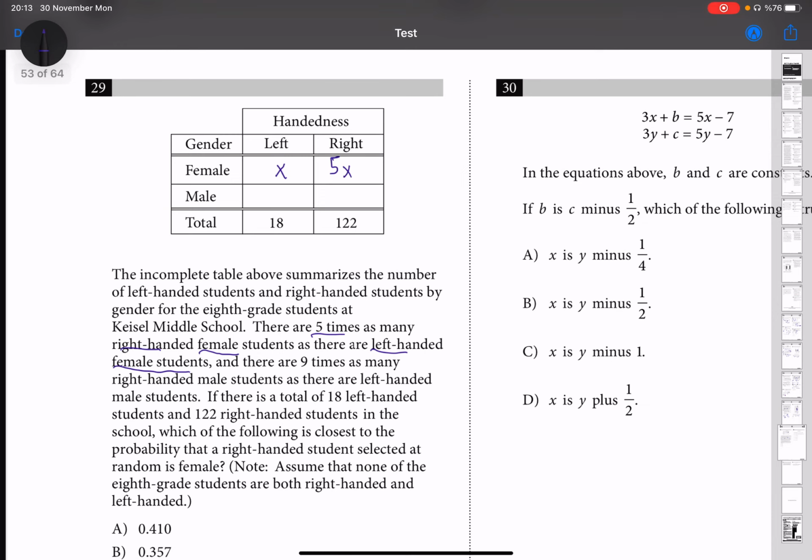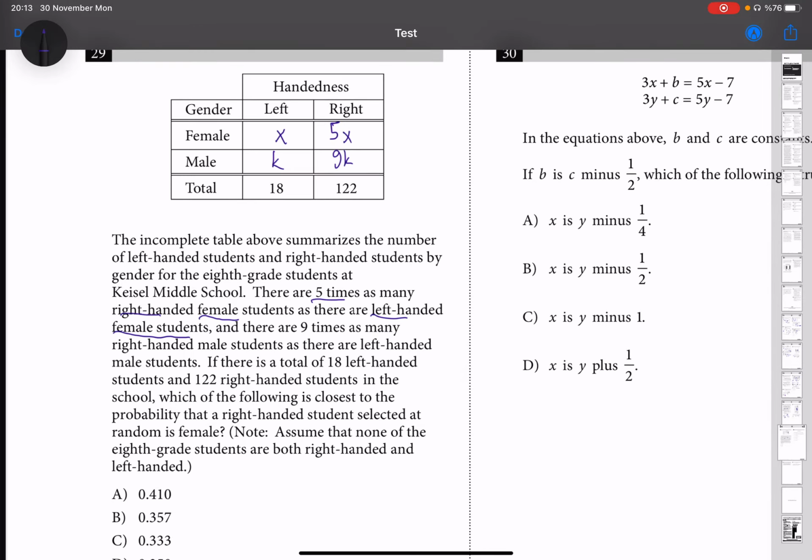Let's continue. And there are 9 times as many right-handed male students as there are left-handed male students. So if this is K, right-handed male students should be 9K. Okay, if there is a total of 18 left-handed students and 122 right-handed students in the school, which of the following is closest to the probability that a right-handed student selected at random is female?